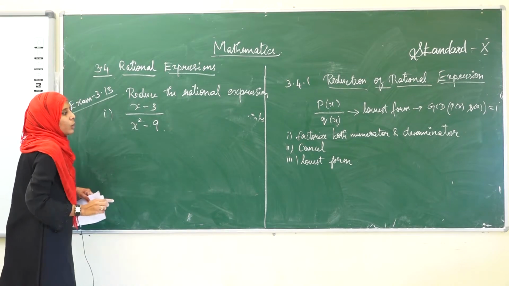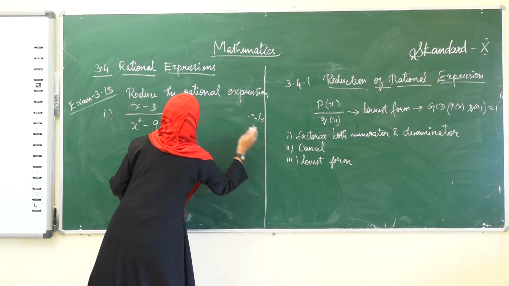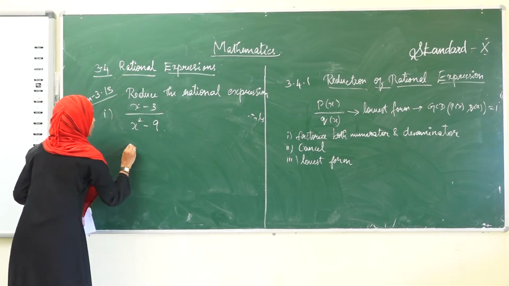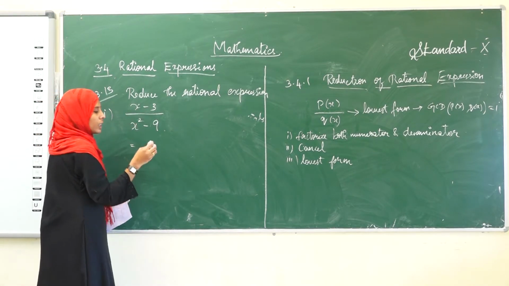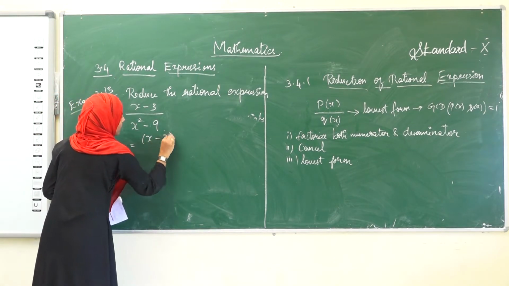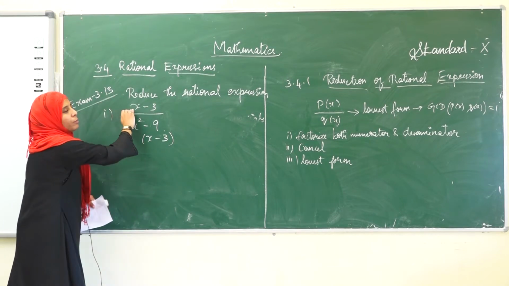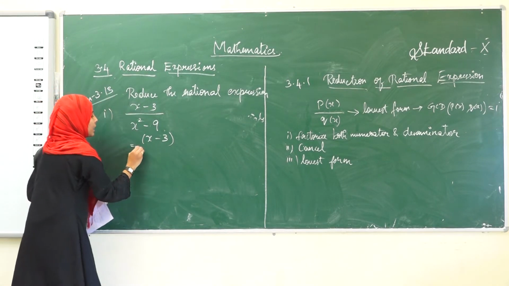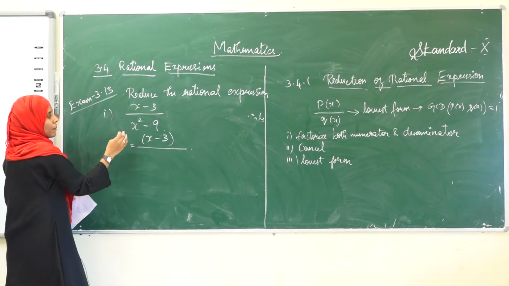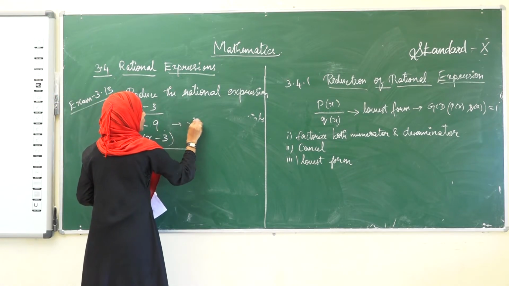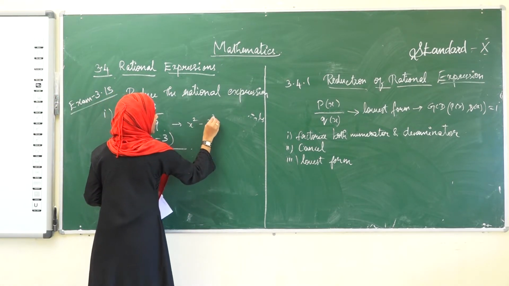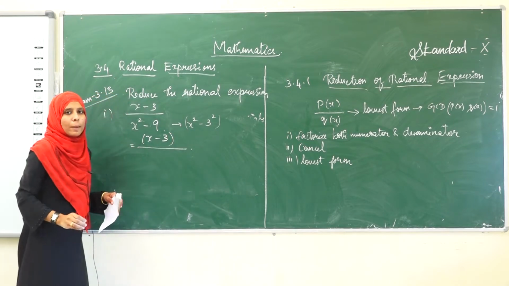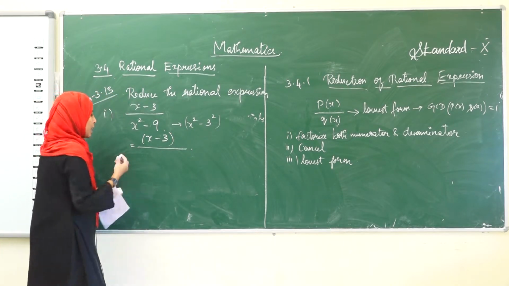Okay, now what's the first step? We have to factorize both the numerator and the denominator. Okay, this can't be factorized further, so let us keep it as it is. X by 3 cannot be factored, therefore we are keeping it as it is. Then x square minus 9 is in the format of x square minus 3 square. Right, a square minus b square formula, a plus b into a minus b.